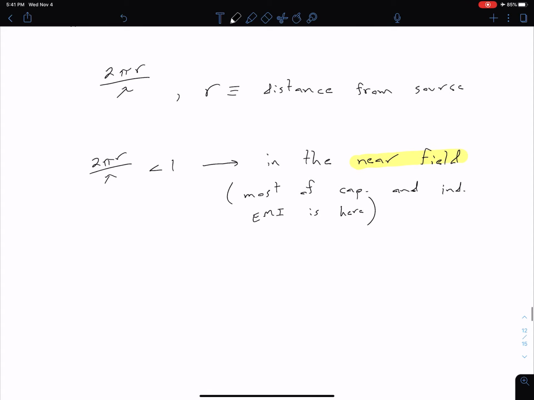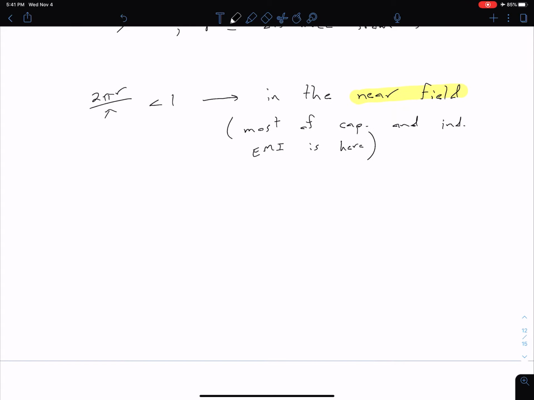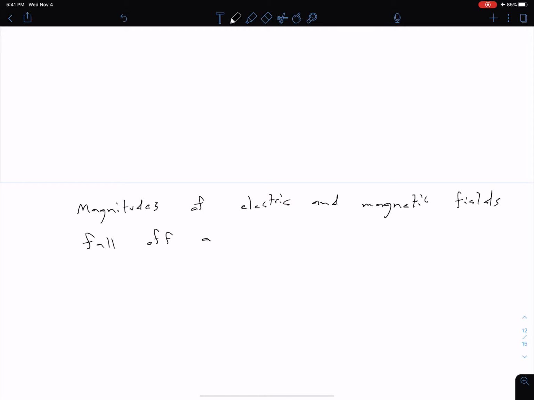So coming at this from another direction, we can say the magnitudes of our electric and magnetic fields fall off at known rates, at rates of 1 over r squared or 1 over r cubed.